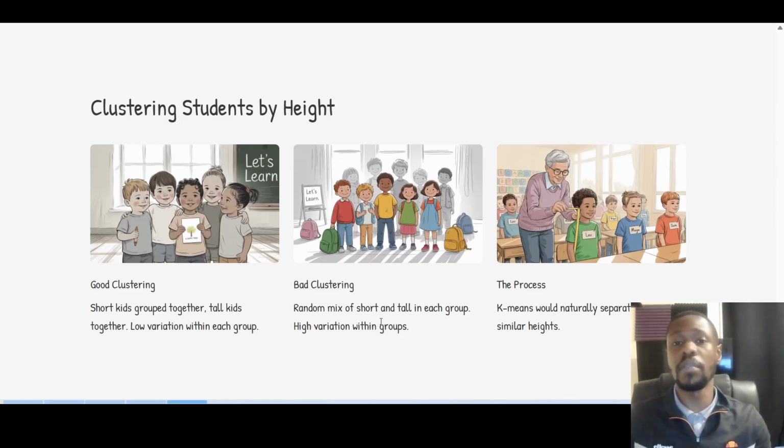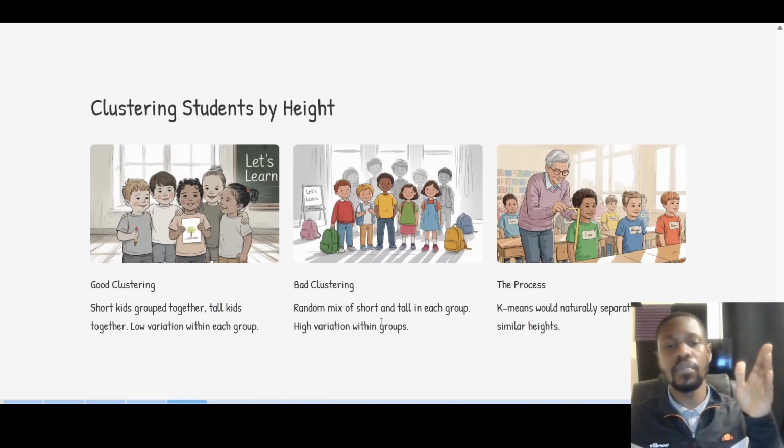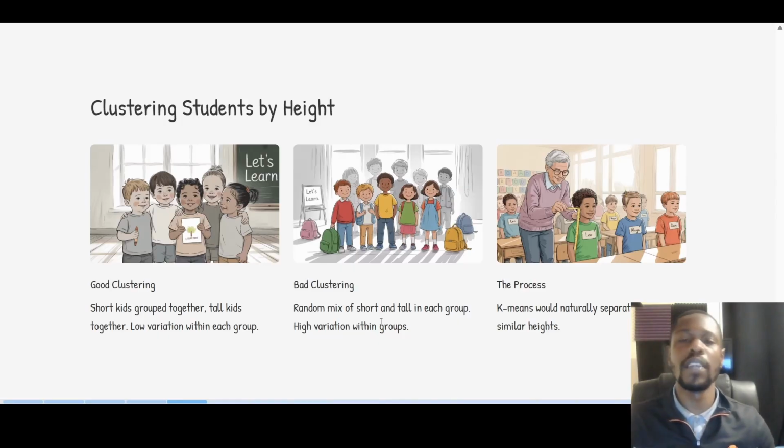So we might determine that it's not too bad having our cluster centers at 5 foot and 5'3", but it's better if we have 3 groups, because the variation between the groups is not so great and we have too much variance.